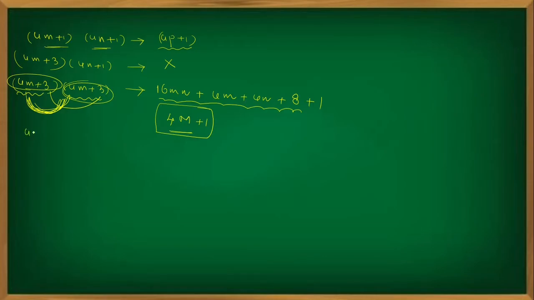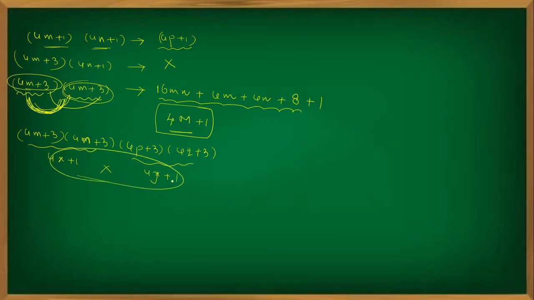For example, one is 4m plus 3, the second is 4n plus 3, the third is, let's say, 4p plus 3, and one more, 4q plus 3. What will happen? The first product will be of the form 4x plus 1, and the second product is of the form 4y plus 1.